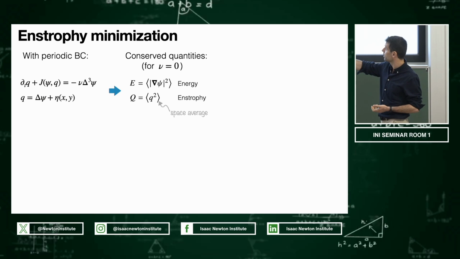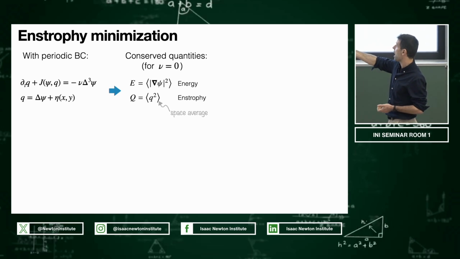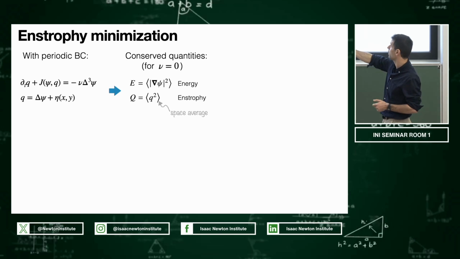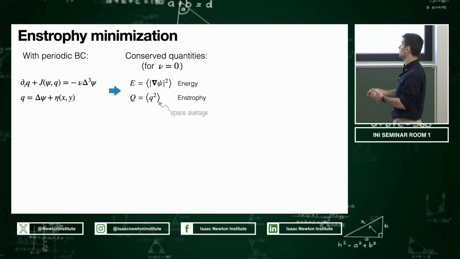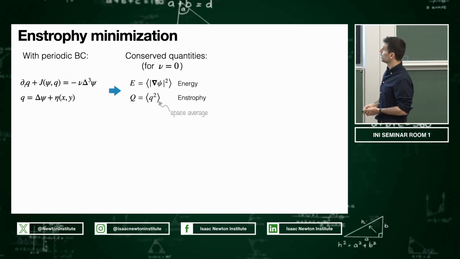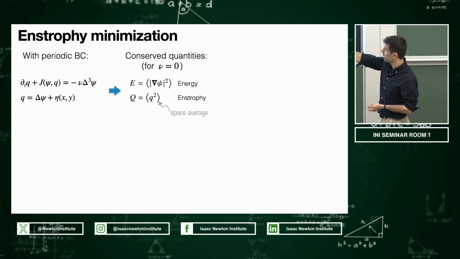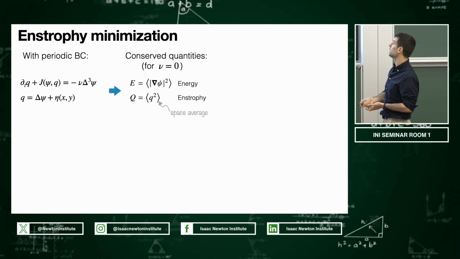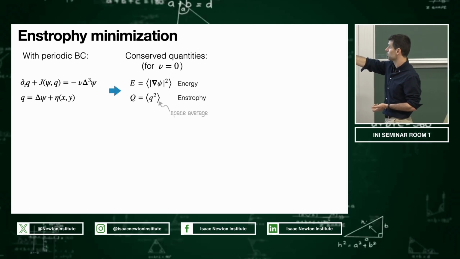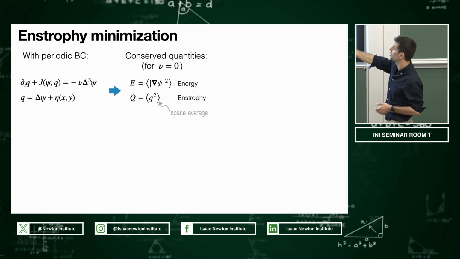You could multiply the equation with psi and average horizontally. This would go away. This is 0 here, and you would get conservation of the energy grad psi squared, right? Kinetic energy of the flow. You could also multiply this equation by Q and average horizontally, and you would get material conservation, you'd get conservation of this entropy here, which is defined in this problem as Q squared.